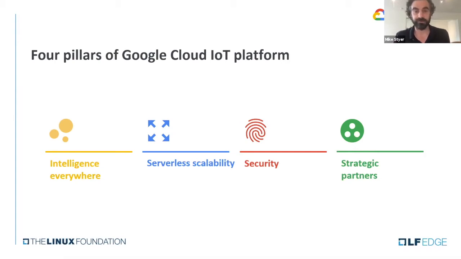Our serverless scalability capabilities allow you to deploy and run applications and scale out nearly infinitely without deploying new servers, to scale up and scale down the resources needed to run and train more advanced models. Security is a fundamental component of our platform. It has been since the beginning.